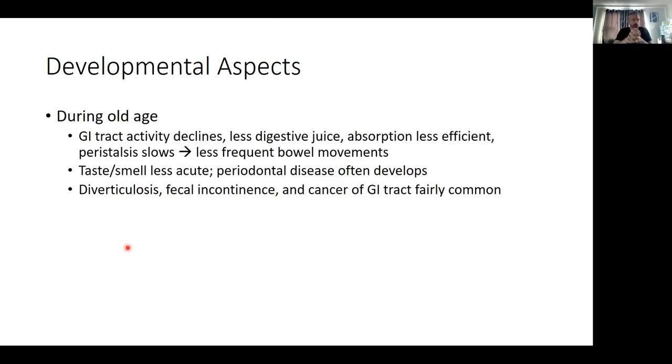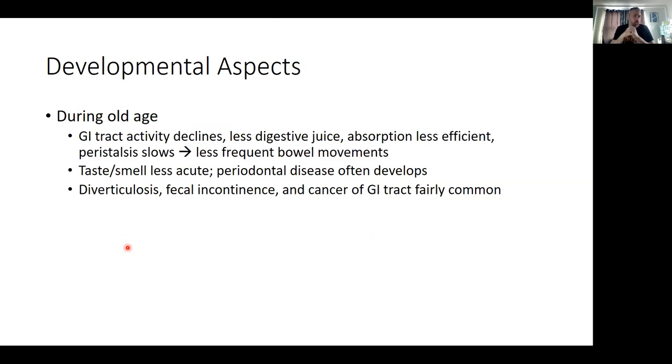Being really old, that diverticulosis, obviously diverticulitis, incontinence, cancer, all of those things become common. Things don't taste as good, things don't smell quite as good. Periodontal disease, which is diseases associated with the gums and the bone of your jaw resorbing.